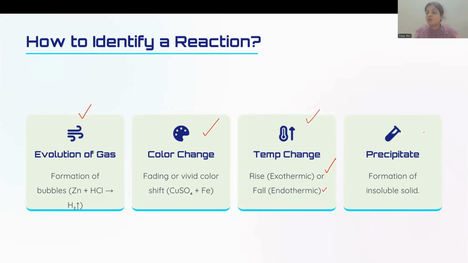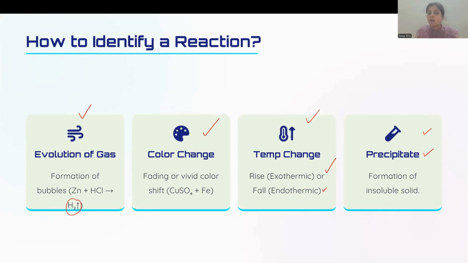And in some reactions we see a precipitate formed, like some residue-like substance, that is called a precipitate. Like evolution of gas: when I add zinc granules to HCl, H2 hydrogen gas is produced along with zinc chloride.